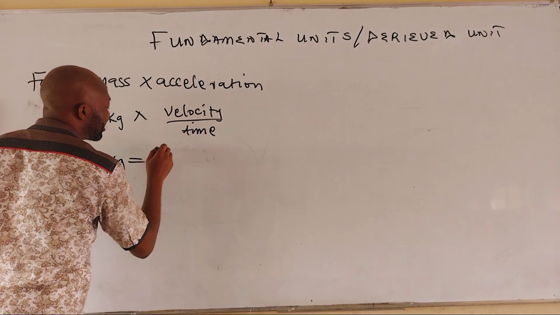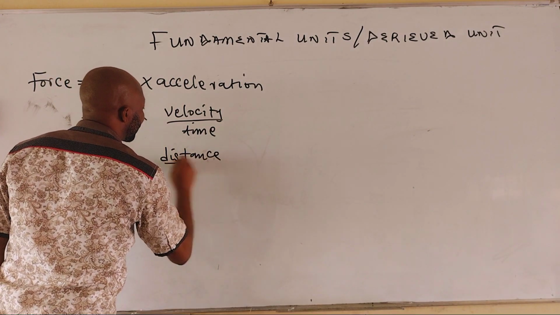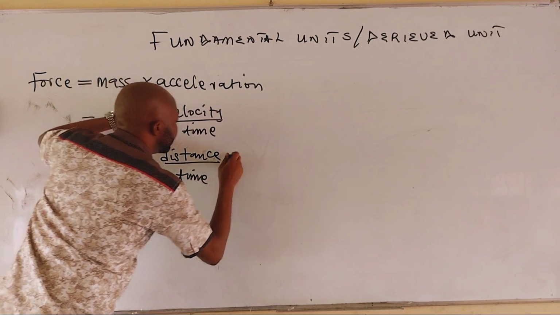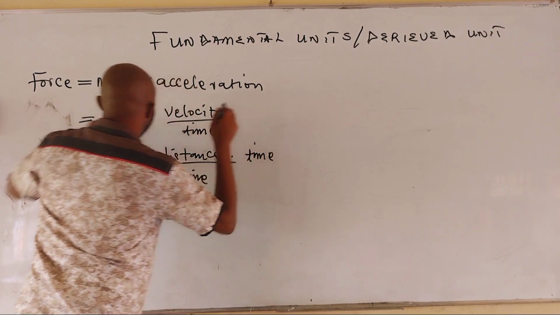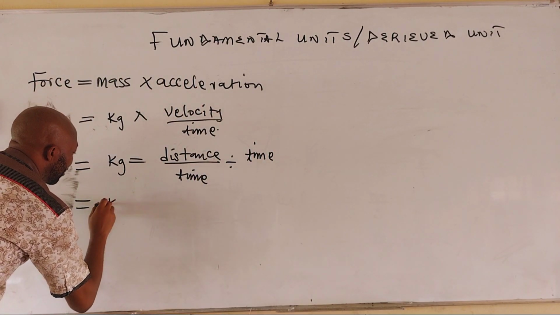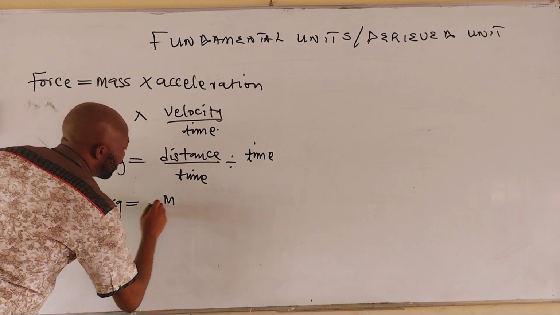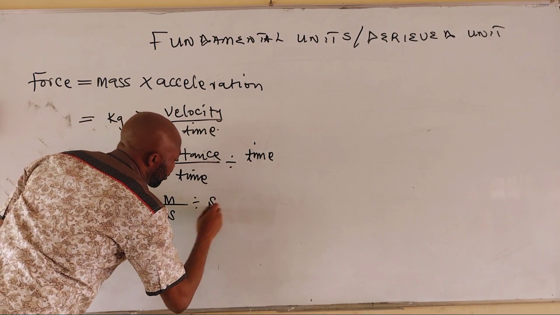Velocity here is distance over time, divided by this other time. So I have my kg for mass, my distance in meter, my time in second, divided by time again in second over 1.